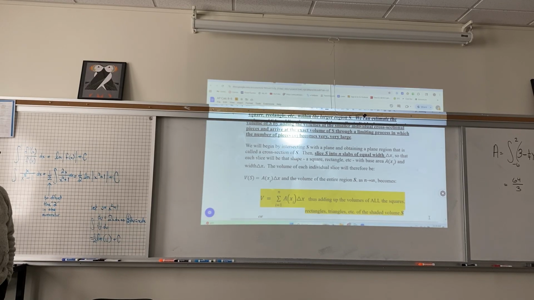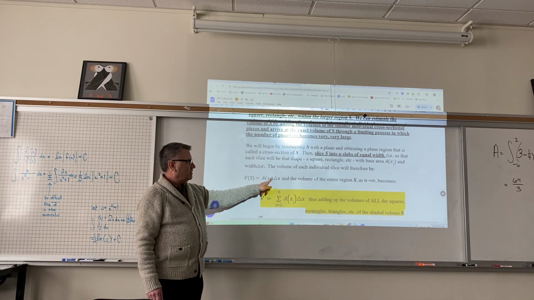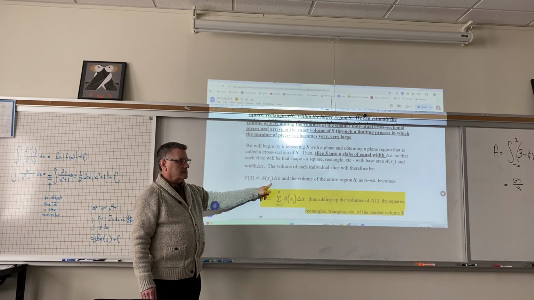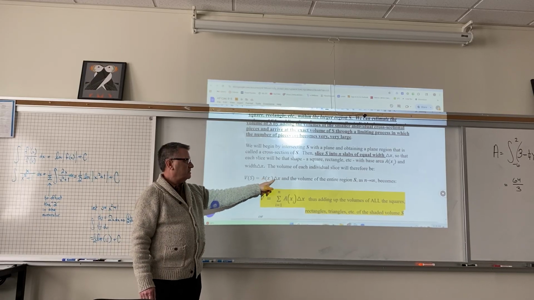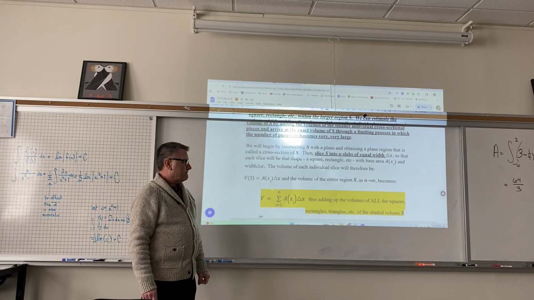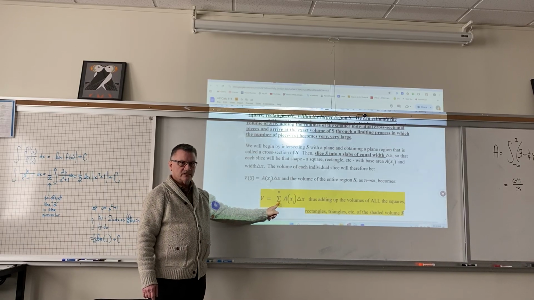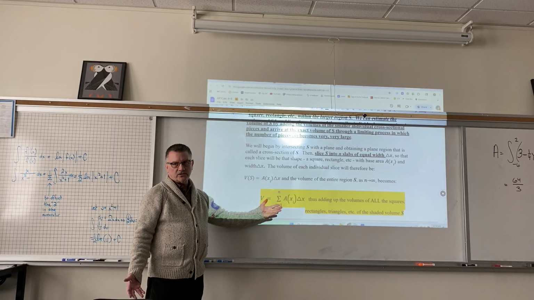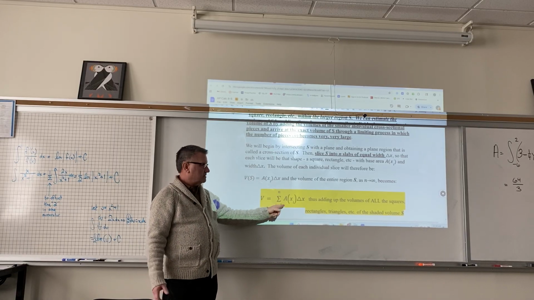So look at this. It should be then that the volume equals the area times the width. There's my 3 dimensions right there. And if I just add up all of those cross sections, I mean, what if they were a bunch of squares? Well, add up all these square pieces.